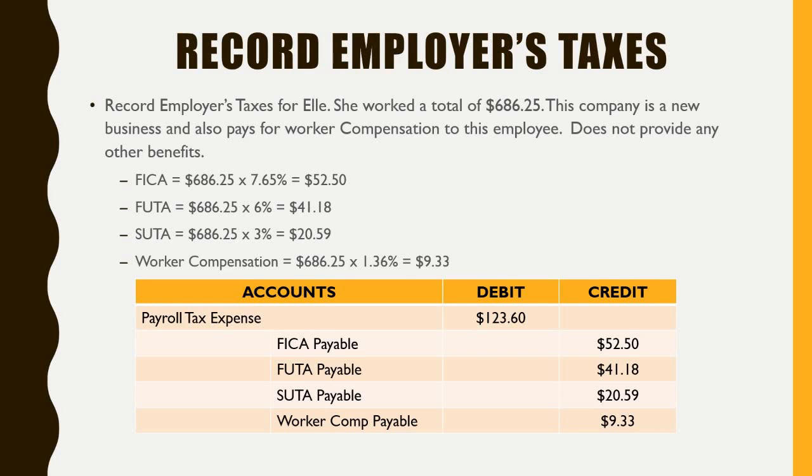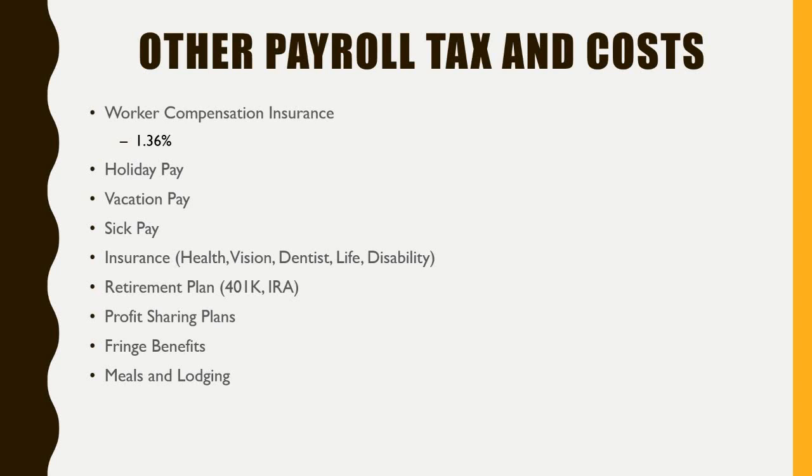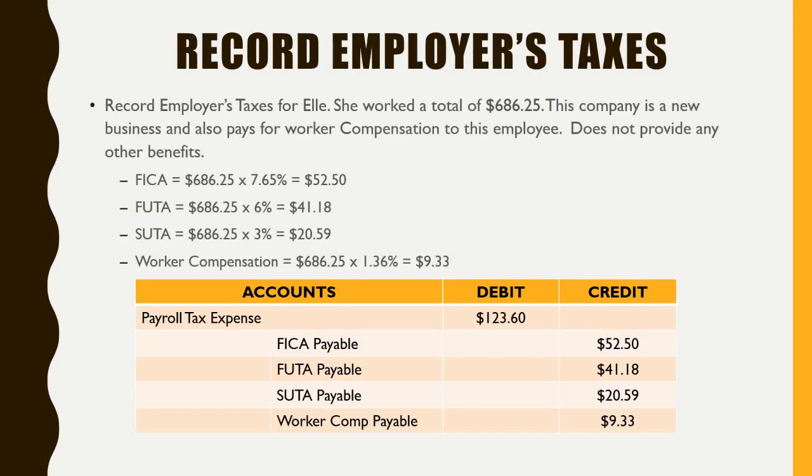And don't forget, you also have to add the amount of taxes that the employee is supposed to pay, right? Because they're asking you to pay for them, and we already know that it already cost us a total of roughly $800, right? Because she made $686 plus this extra $123 that we have to pay for having them as an employee.